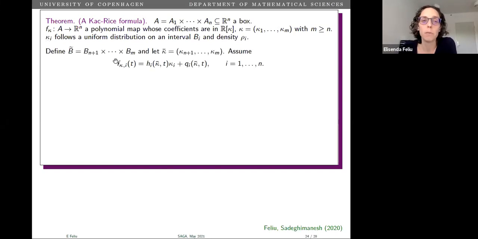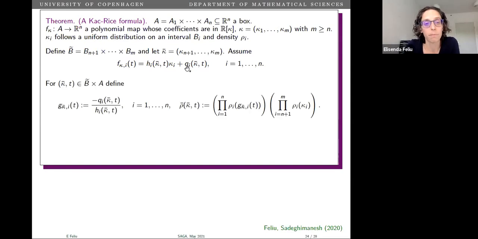And for the theorem to work, I would like my polynomials to have a nice form, to be linear in one parameter. So each polynomial has to be linear in one parameter, and that parameter can only appear in that equation. And that seems a strong condition, but that happens for reaction networks. And then we define some objects. We isolate the kappa from this. So we transform this equation into this.